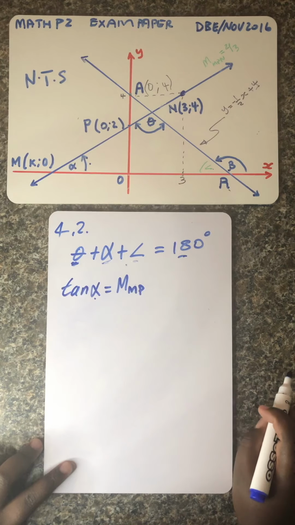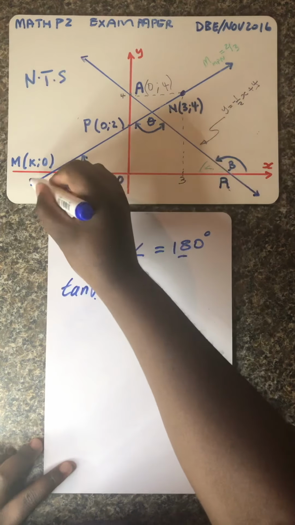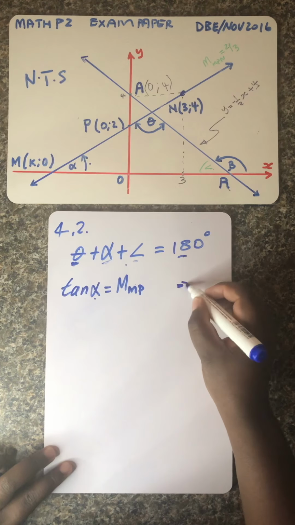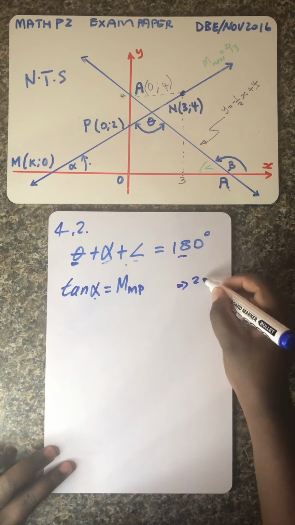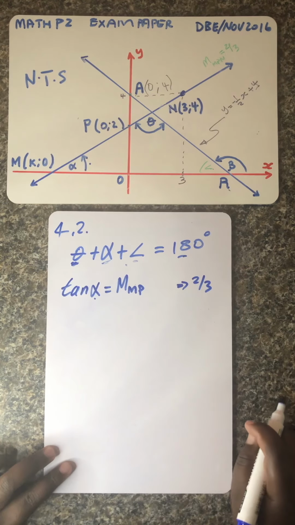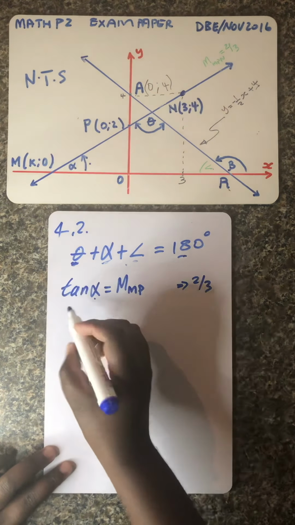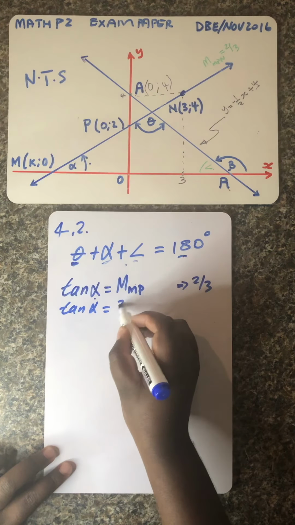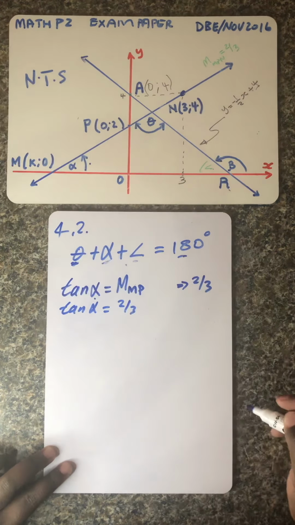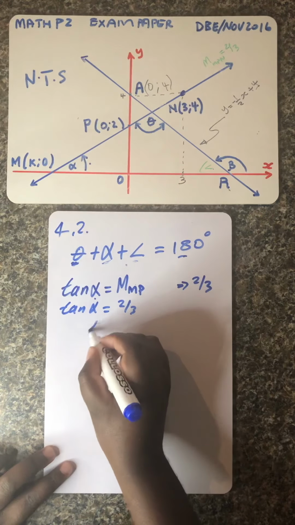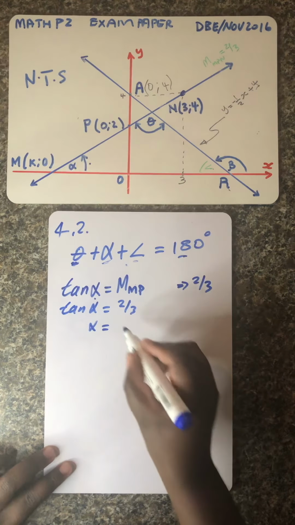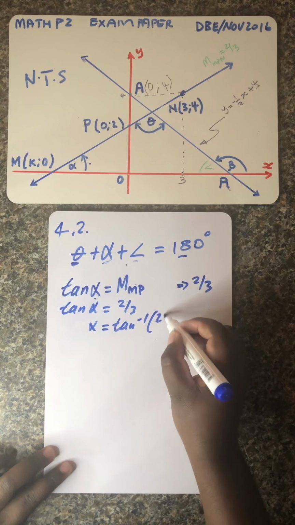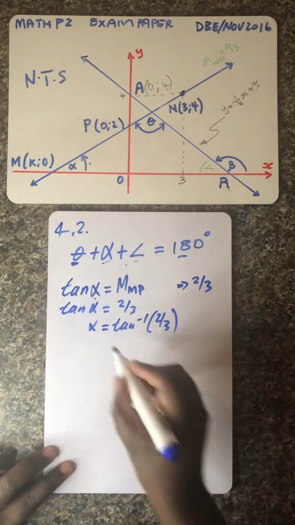Remember, we've just calculated the gradient of that line, which is 2/3. So that means tan of the angle is equal to 2/3, so obviously theta will be equal to the inverse tan of 2/3.